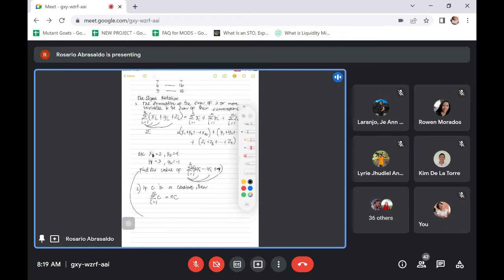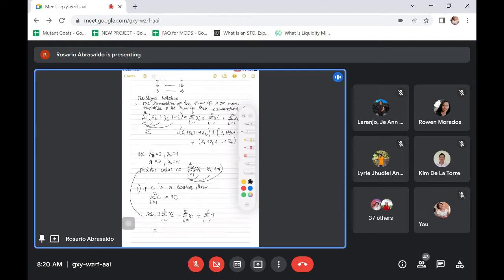So when we distribute the summation, we have the summation, constant 3 comes out, of x sub i, where i is from 1 to 2, minus the summation of y sub i, where i is from 1 to 2. Then 4 is a constant, so we have the summation of 4, where i is from 1 to 2.